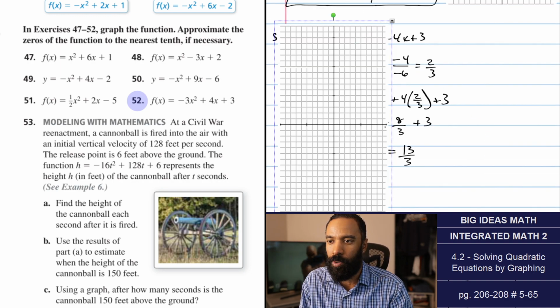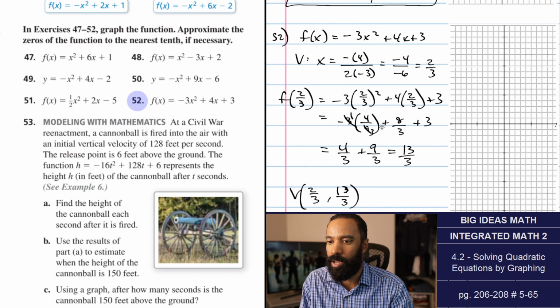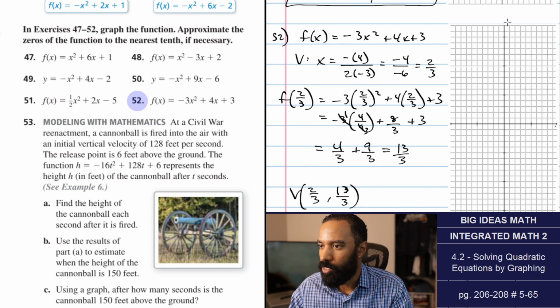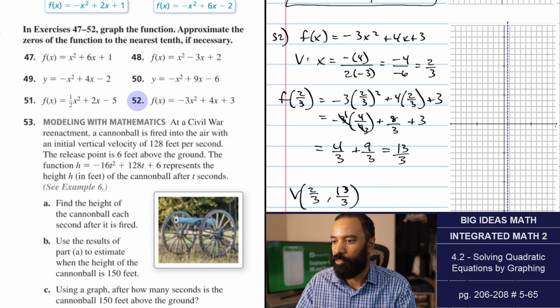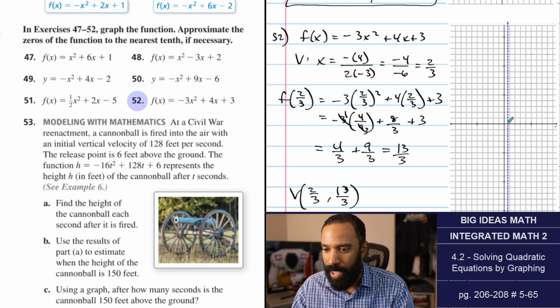And this graph goes downward with a stretch factor of 3. So here's what I do know. I do know that this thing has that vertex. So 2/3 over, let's draw that axis of symmetry. This is going to be really hard for me to do some of my points. 2/3 over and 4 1/3 up. So kind of like that.